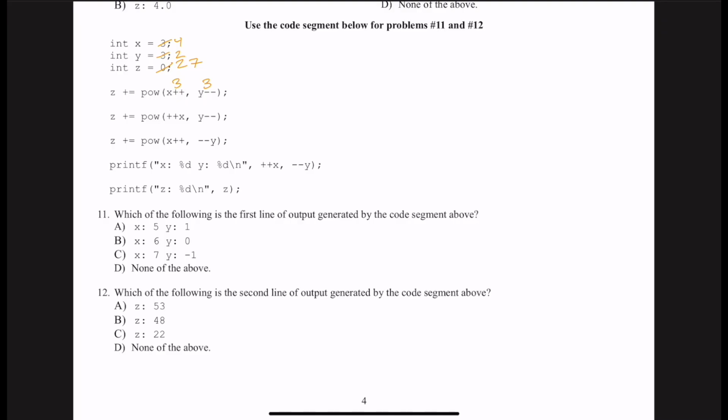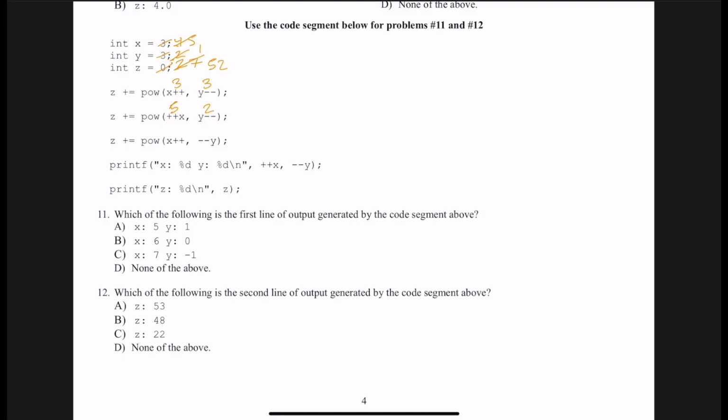Now we have plus plus x, so we're going to make the change to x first, use the new value. We have a postfix minus minus, so we're going to use the value now. 5 cubed is going to be 125, so z is now 152. As a side effect, we decrease y by 1.